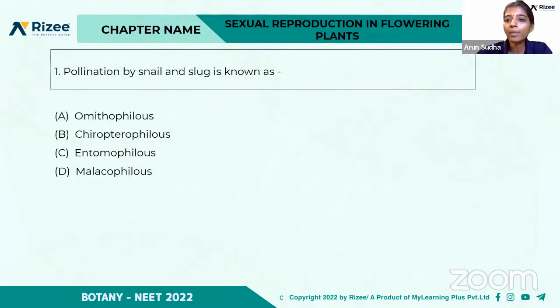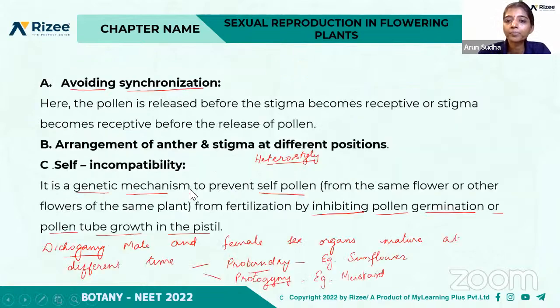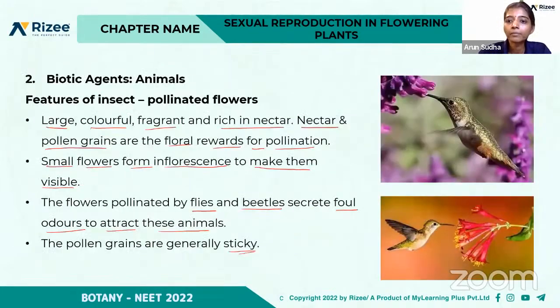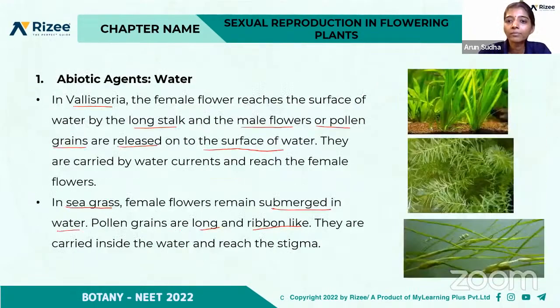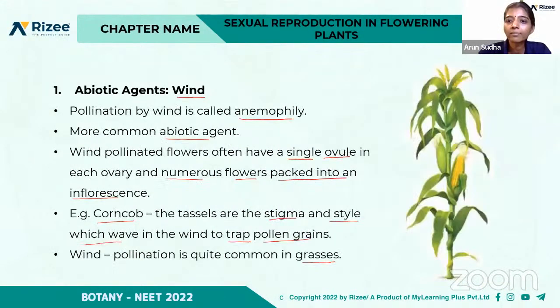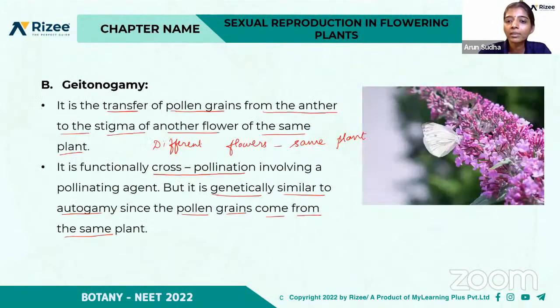Pollination by snail and slug is known as: Ornithophilous, Chiropterophilous, Entomophilous, Malacophilous. Geitonogamy, yeah, we'll see. This is geitonogamy.